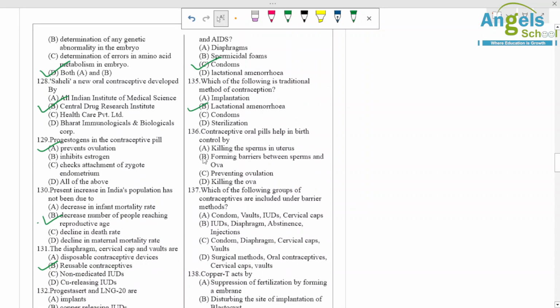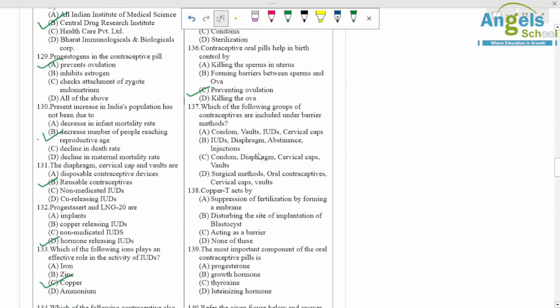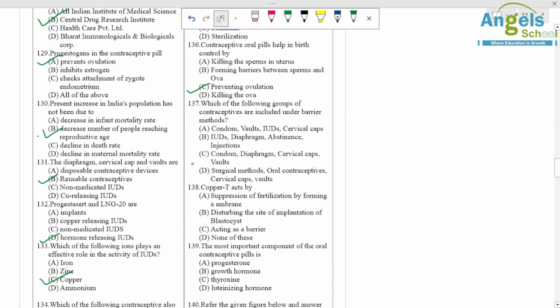Contraceptive oral pills help in birth control by preventing ovulation. Which of the following groups of contraceptives are included under barrier methods? So condom, diaphragm, cervical caps and vaults are barrier methods.